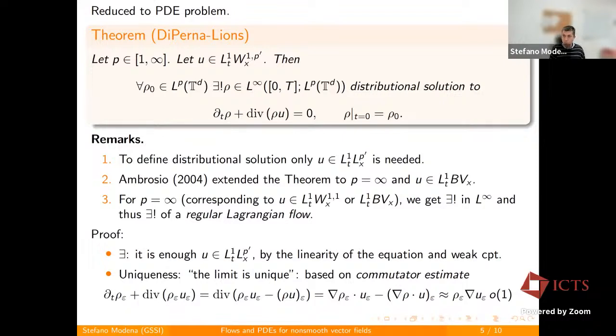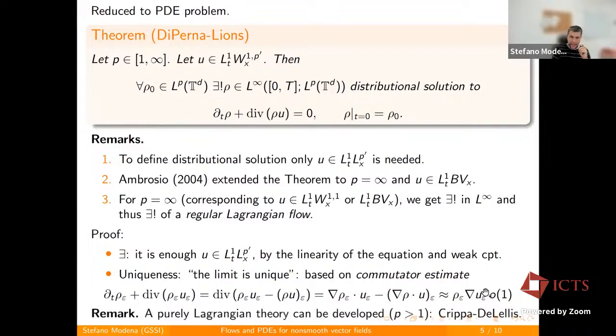This is, of course, not a proof, but I wanted to do this computation to point out that it is crucial that the integrability of the density and the integrability of the derivative of the field match each other in order for this product to make sense, and then to conclude the proof. Okay, so far so good for the PDE.